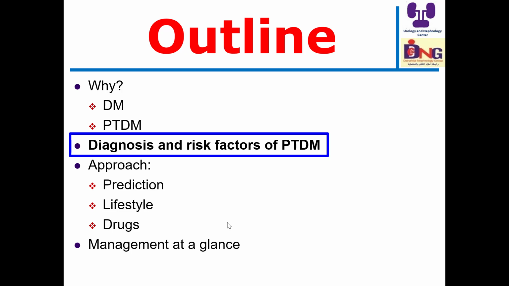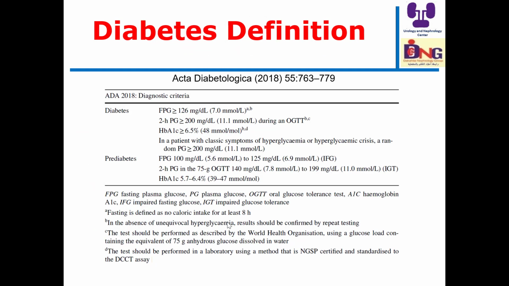So the second sector is the definition, diagnosis, and risk factors of post-transplant diabetes. This is the American Diabetes Association 2018 diagnostic criteria for diabetes and pre-diabetes. Here you can find fasting plasma glucose equal or above 126, 2-hour plasma glucose exceeding 200, A1C above 6.5%.